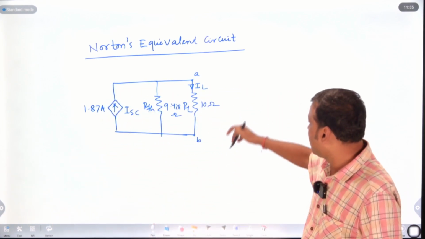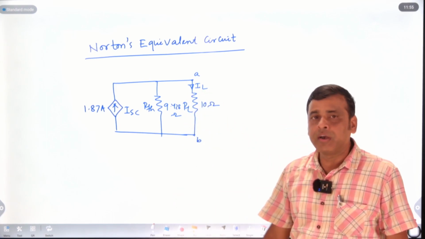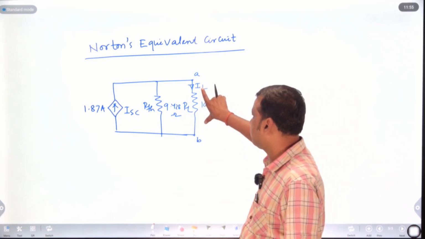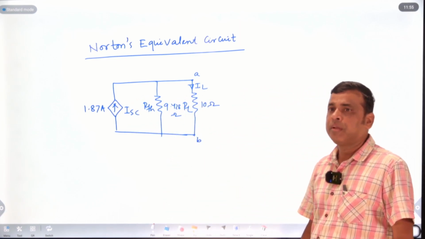What amount of current flows through the 10 ohm resistor? Simply you can apply the current division rule. The current through a resistance is the total current into the opposite resistance divided by the sum of the resistances.